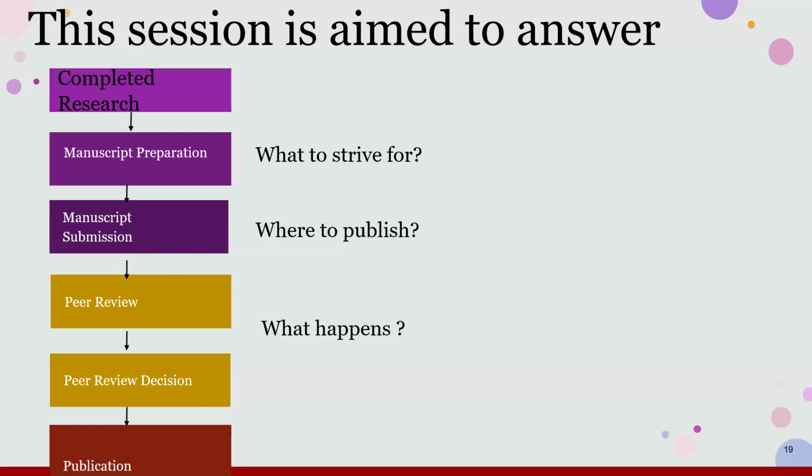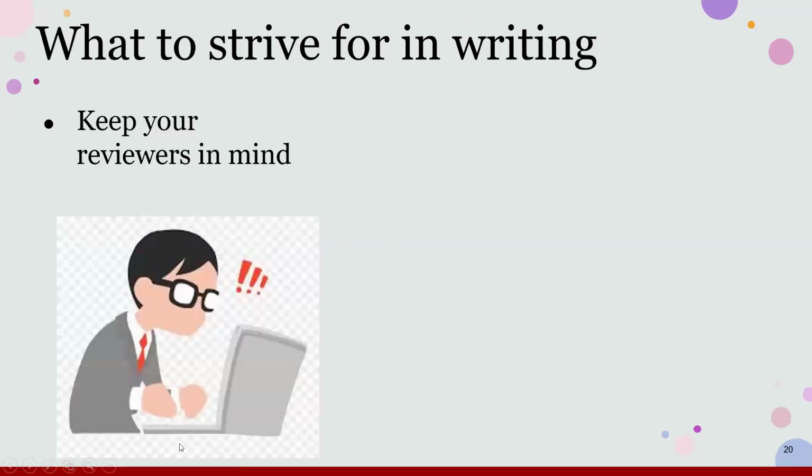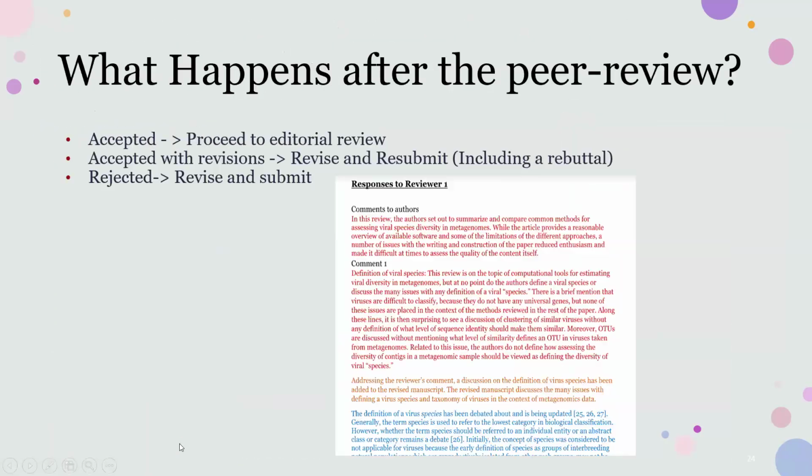This adds a lot of credibility to the publication, because anyone can write a manuscript, but peer review is very important, because that is what ensures that only quality work is being published. So what happens in the peer review? There can be only 3 outcomes.